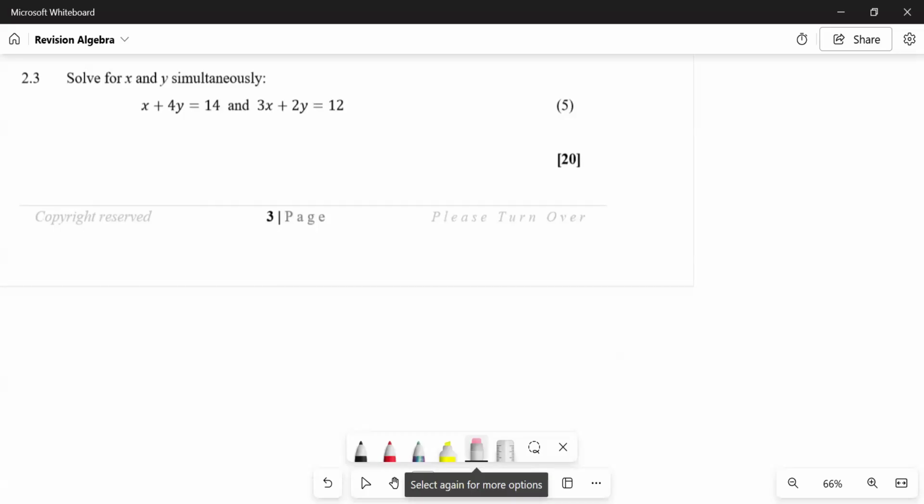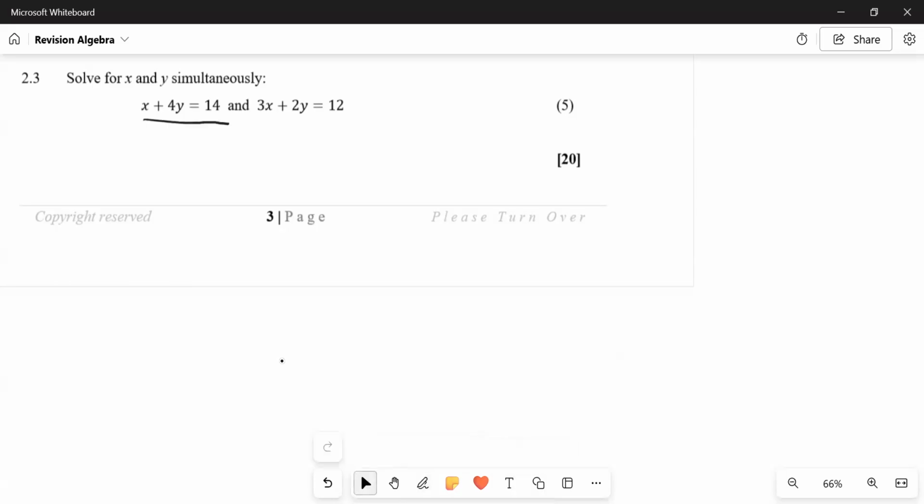So now you have your x plus 4y equals to 14 and 3x plus 2y equals to 12. I feel like this is an easier equation, right? I feel like we can use this and change it to equation 3. So from equation 1, which is x plus 4y equals to 14, let's transpose 4y.